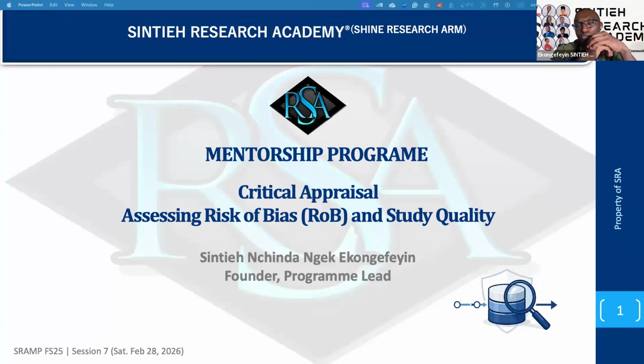For the hands-on, I'm going to show you extraction for one of the practice papers you already have, and then how we are going to assess its risk of bias for that particular paper. And then you will have 20 minutes to do extraction for the remaining papers.